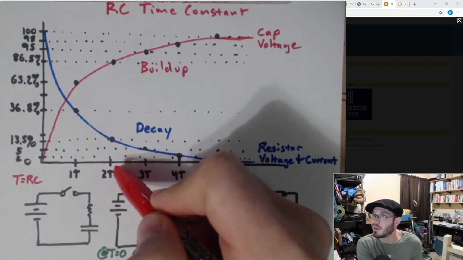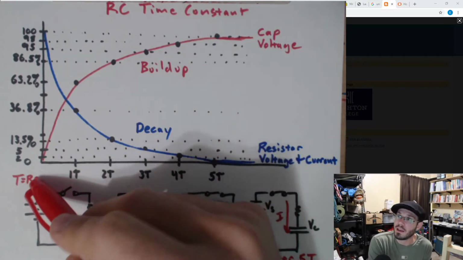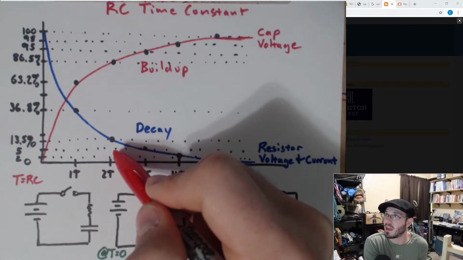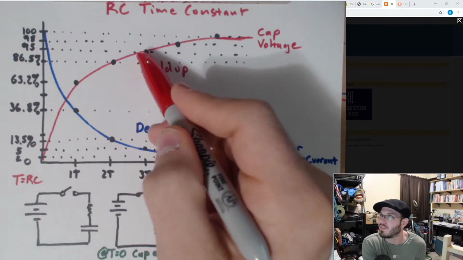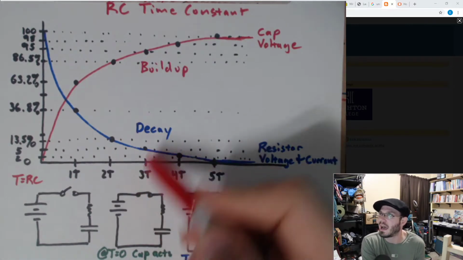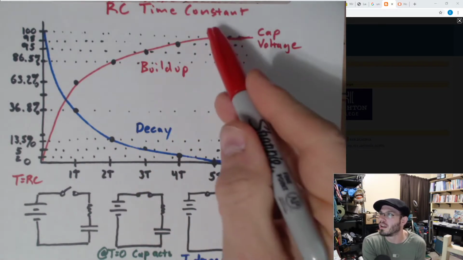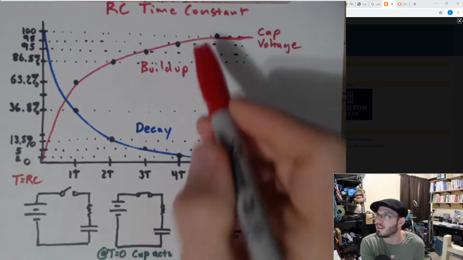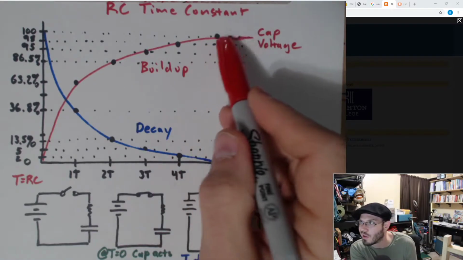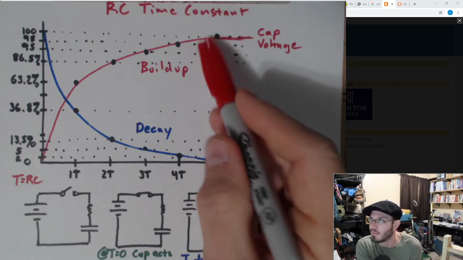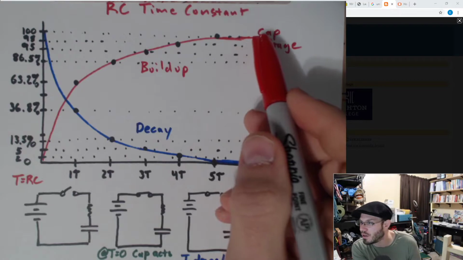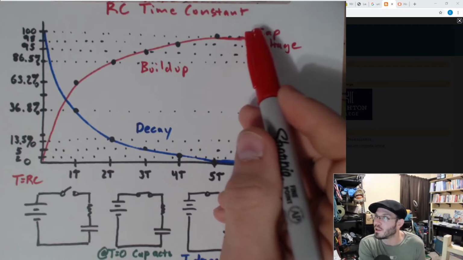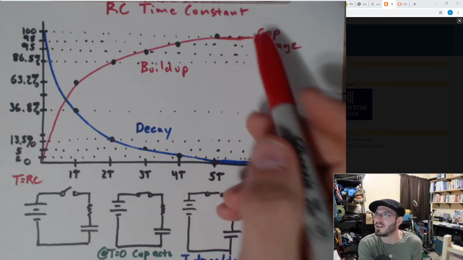At the second time constant, so 2 times the ohms times the farads of the cap, you get 86.5%, 95% at 3 tau, 4, 5, and finally over here, I would call this 100%, but it is more like 99.8%, and it just gets ever so closer and closer and closer to 100.